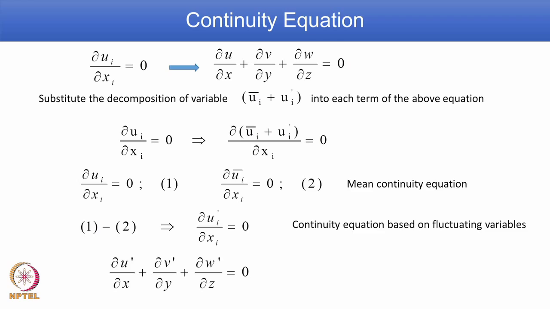So we have the continuity equation written in the same form, and the variables are interpreted differently for different situations. In the case of laminar flow, it is a plain velocity component. In the case of turbulent flow, we get two separate quantities, one based on mean, another based on fluctuating quantity.